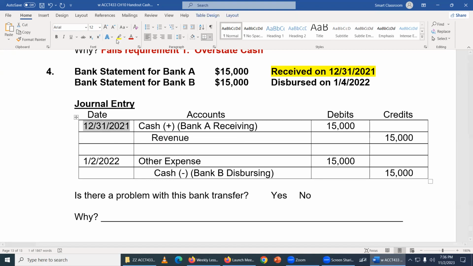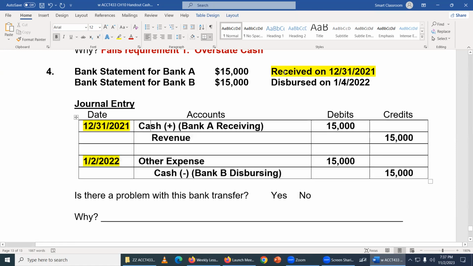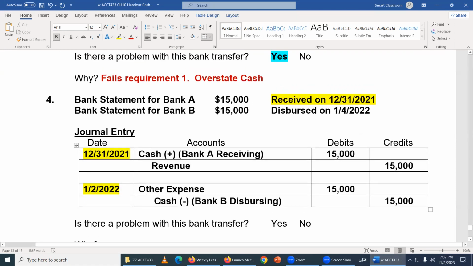And we actually have 2 dates. The second date is not correct. The second date, the expense, is made after the receiving. Exactly, so it fails on the first one. The second half of it, basically the disbursing, is made after it.